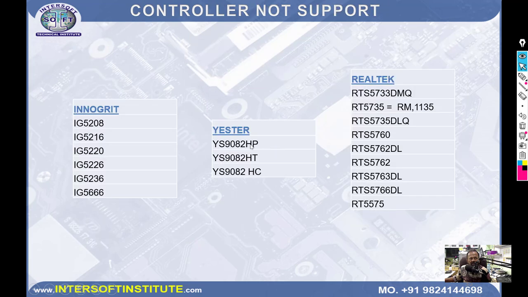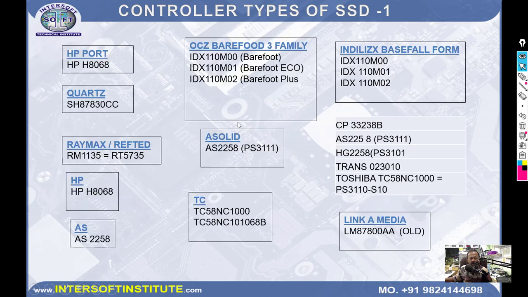And another three, that is InnoGrit, Yeestor and Realtek. They are not supported in any tool till now, because they have very complicated ECC correction and all those things, so they are not supported now. Some other software is there that will work for Yeestor or InnoGrit, you can use that. Okay, so these are the controller types we have.